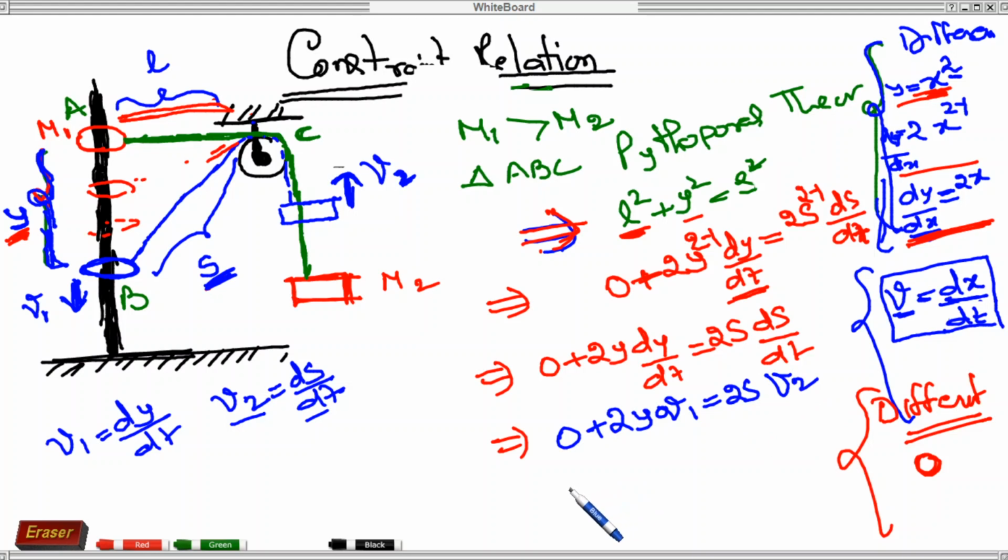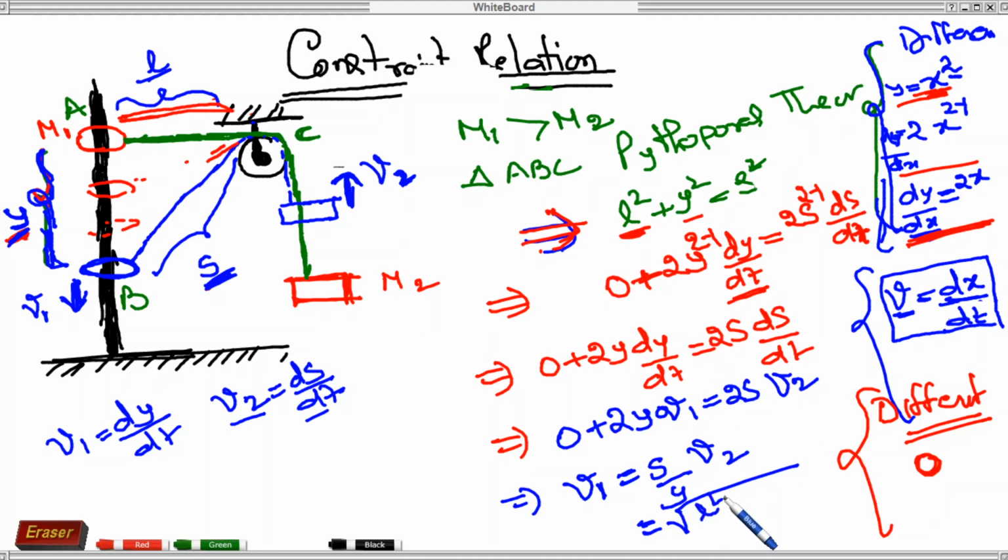So v1 will be s over y times v2. Now s is the square root of y square plus l square.